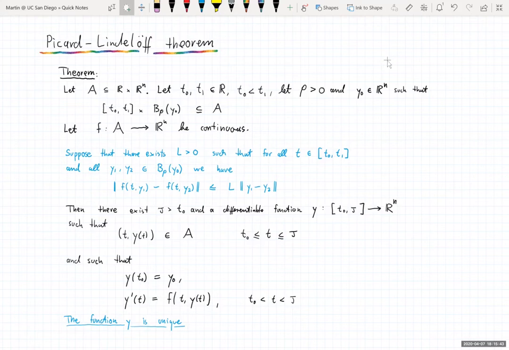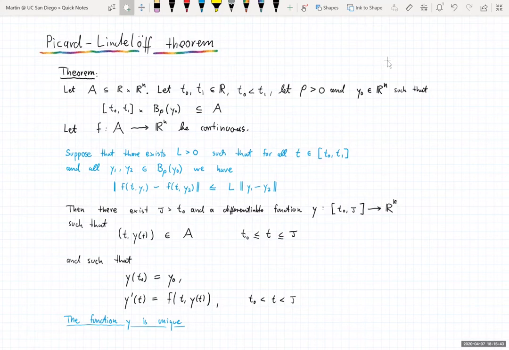We have seen that the Peano existence theorem can establish the existence of a solution for the Cauchy initial value problem under very mild conditions on the function f. We only need continuity of the function f.